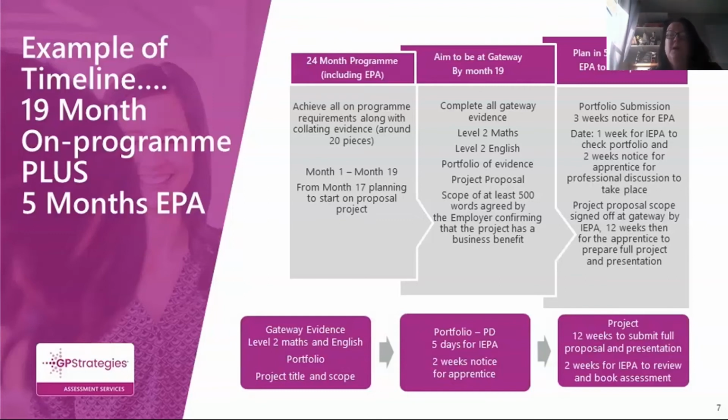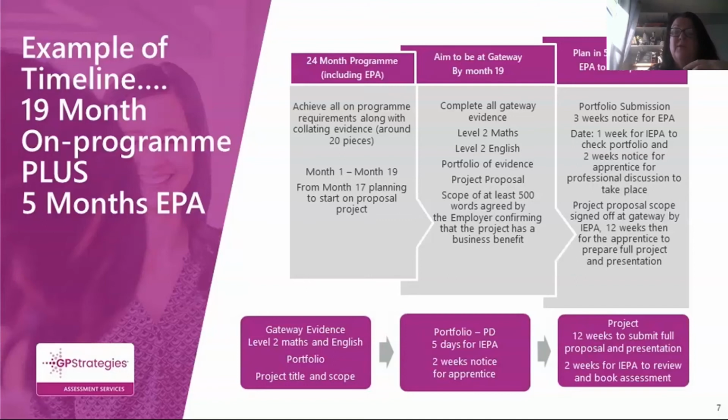Okay. So then, as the assessment plan states, plan in 5 months for the endpoint assessment to take place. Now, there is a reason there, and that is because in case there's a retake.